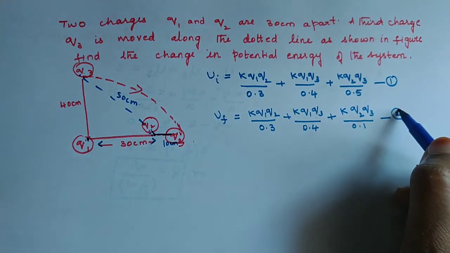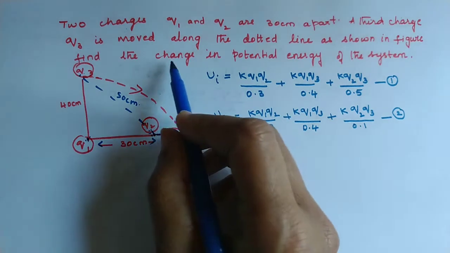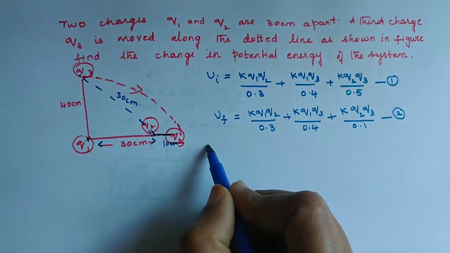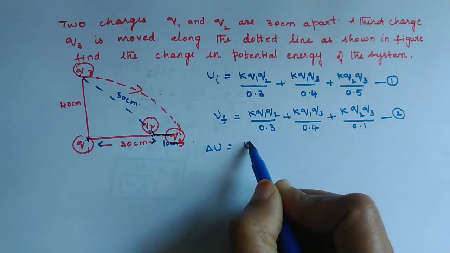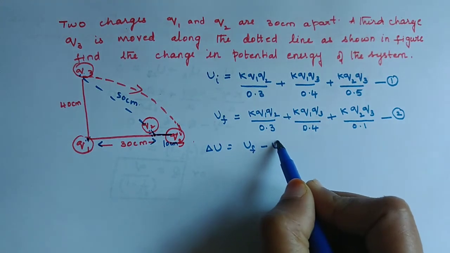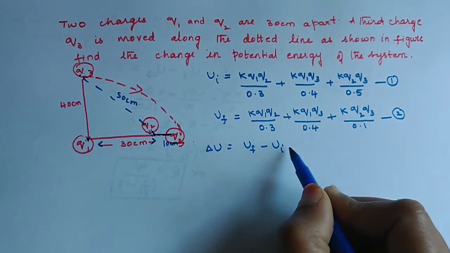Call this equation 2. So the question is to find the change in potential energy. So the change in potential energy is U final minus U initial.